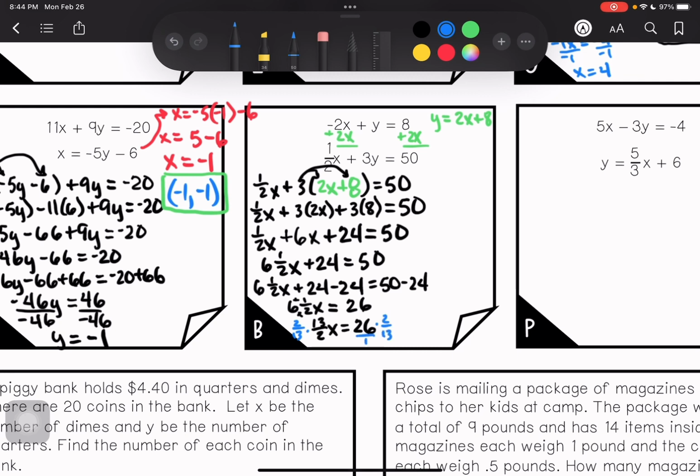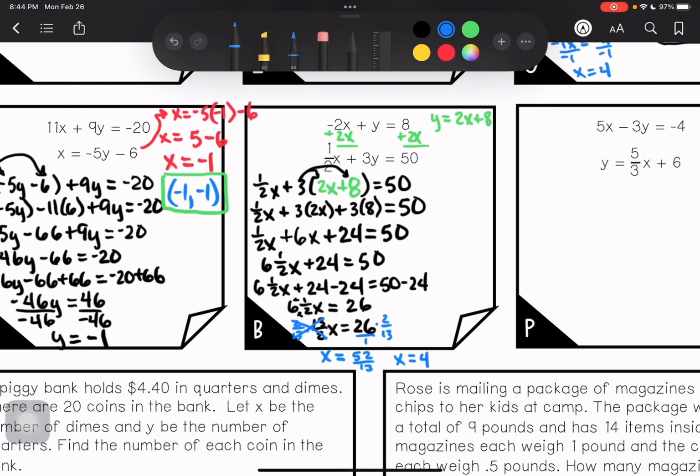And if I put this over 1, this will cancel out, and it leaves me with x equals 52 over 13. Therefore, x equals 4. 52 divided by 13 equals 4.